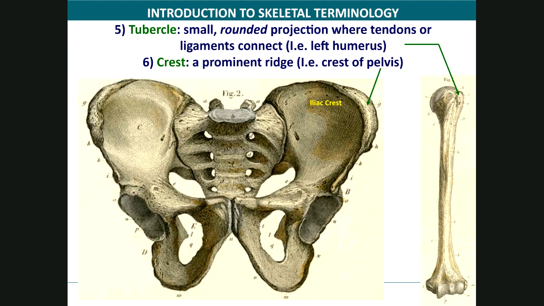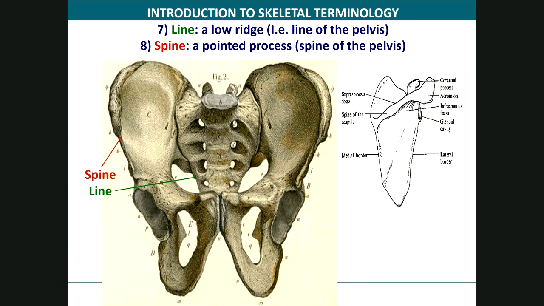Tubercle. This is a humerus. Generally, it's a little round, small projection where tendons and ligaments connect. Crests. This is called the iliac crest. If you put your hands on your waist, you could feel those. Lines are little ridges. Spines are little pointed processes.